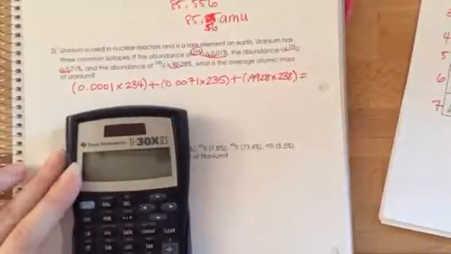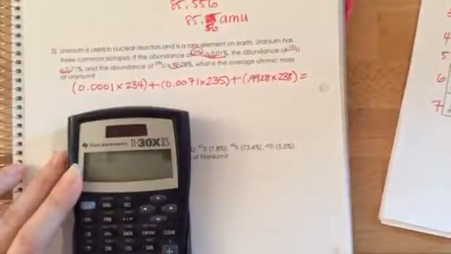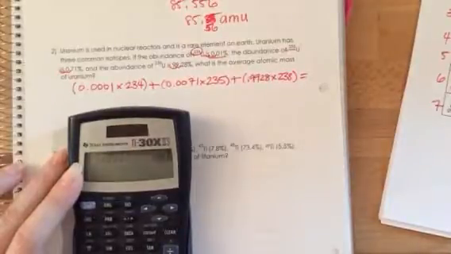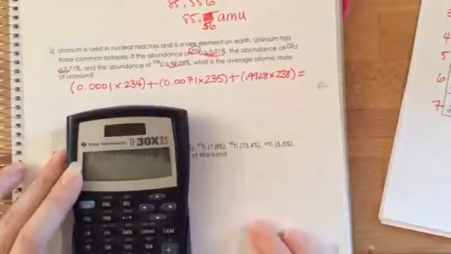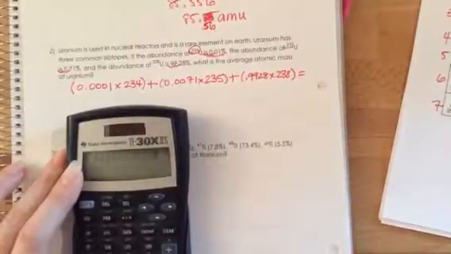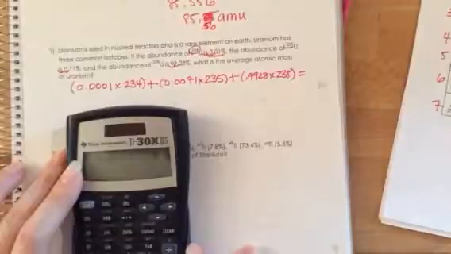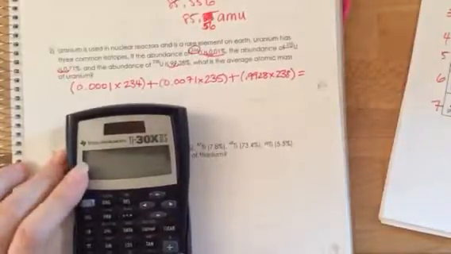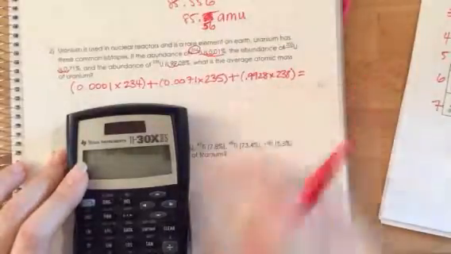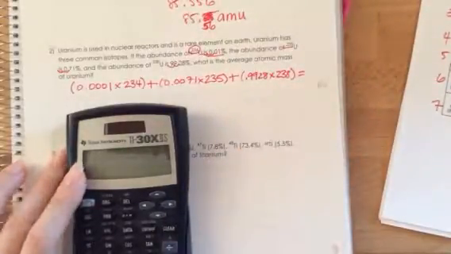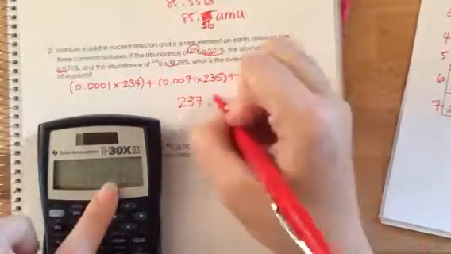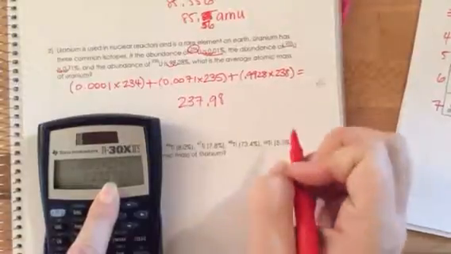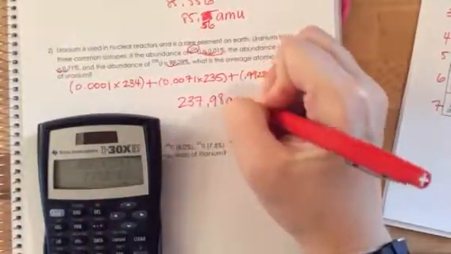So we're going to take open parentheses, 0.0001 times 234, close parentheses, plus open parentheses, 0.0071 times 235, close parentheses, plus 0.9928 times 238, close up your parentheses and hit equals. 237.98 when I round it to 2 decimal places, AMU.